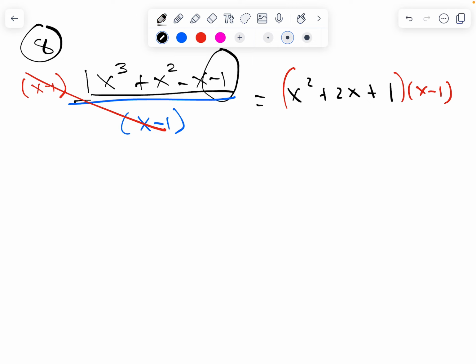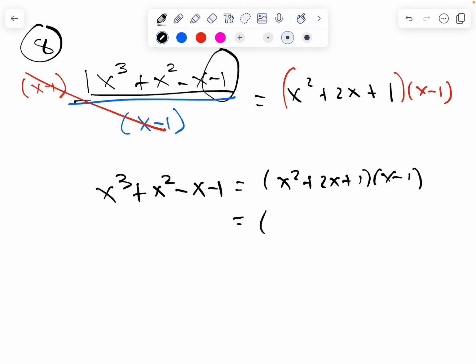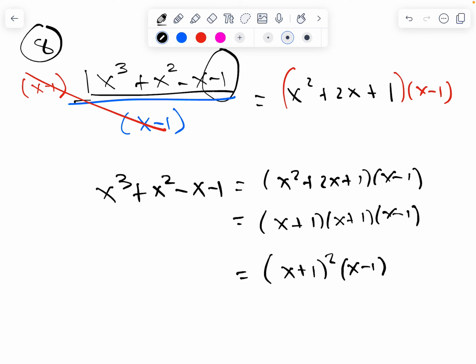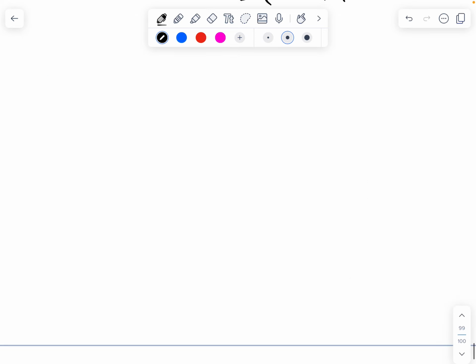This comes down here: x cubed plus x squared minus x minus 1 equals x squared plus 2x plus 1 times x minus 1. And we can further factor this into x plus 1, x plus 1, x minus 1. Which, if you want to be fancy, you can write as x plus 1 squared, x minus 1. Okay, let's go on to this one.